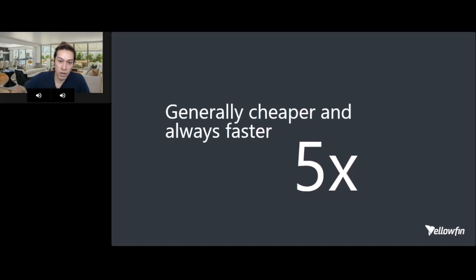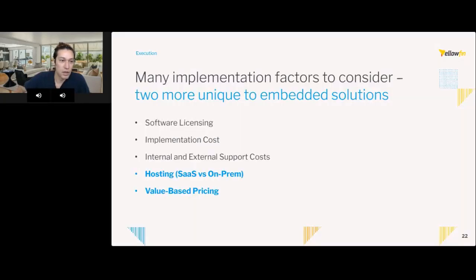But there are a lot of considerations for embedded analytics projects, just like with any project. The good news is that most of these factors are not very different than regular projects. You have to manage the costs of the project.